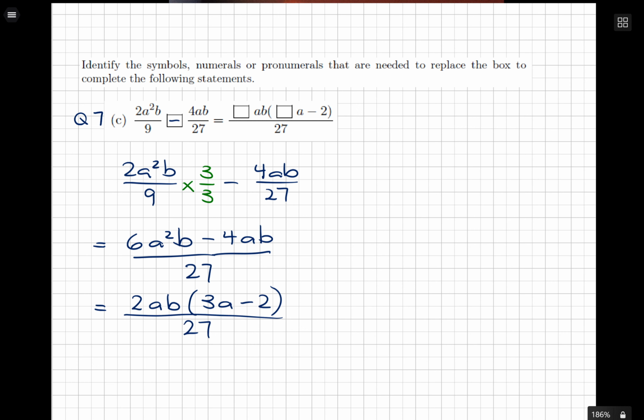So looking back at our boxes, it appears that this 2 is the first box and the 3 is the other box, so let's fill it in. 2 and a 3, and we are done.